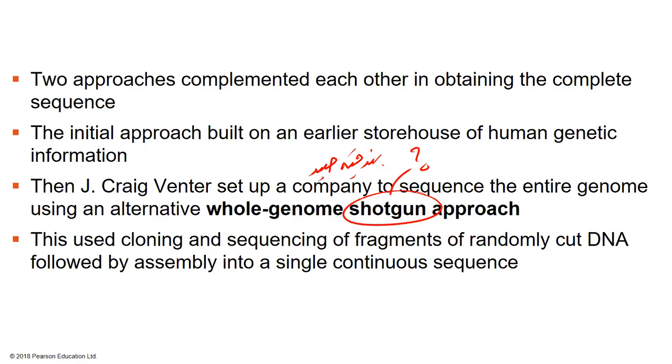So a gun, مسدس, uses bullets, right? رصاصات. But a shotgun uses very small particles, like very small bullets. So in a single shotgun shell, there will be very small bullets, okay?